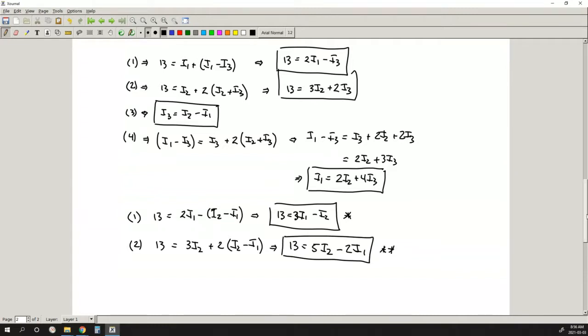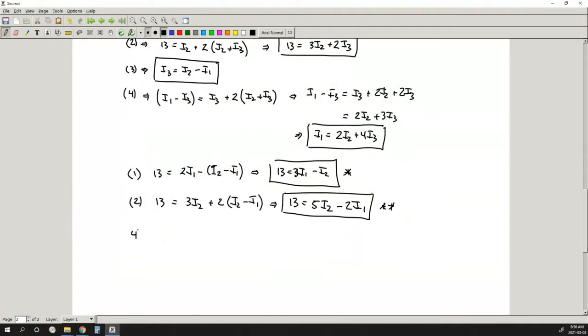And now let's look at number 4. Equation 4 had come from our fourth loop. We have I1 equals 2I2 plus 4I3, which we're now going to replace with I2 minus I1. If we expand that out and clean it up, I'll do it in two steps.